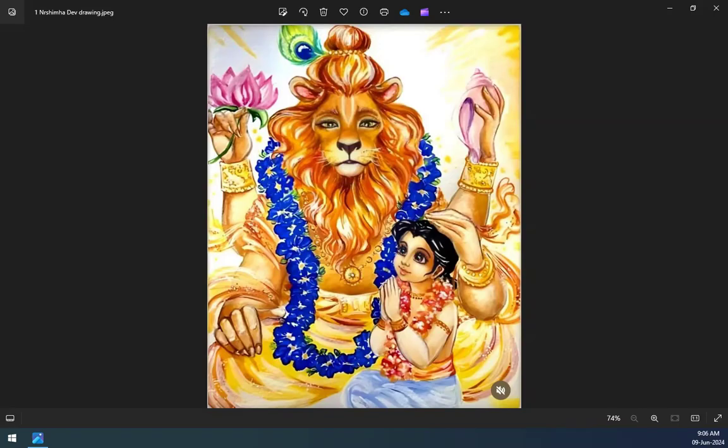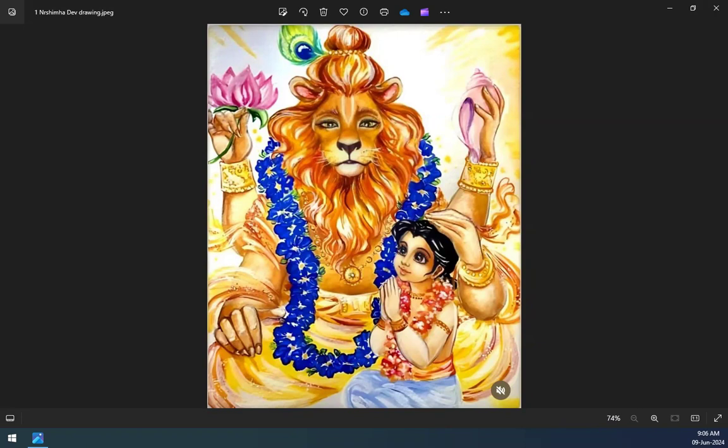In verse number 25 purport, Prabhupada explains that the Lord is also called Varadham. Varadham means bestower of mercy.